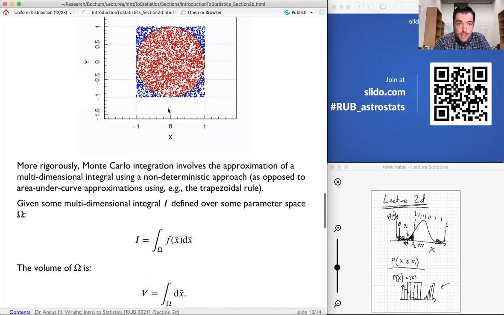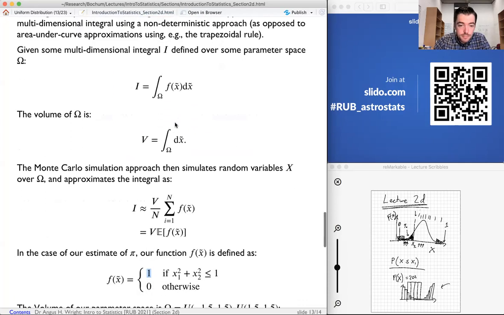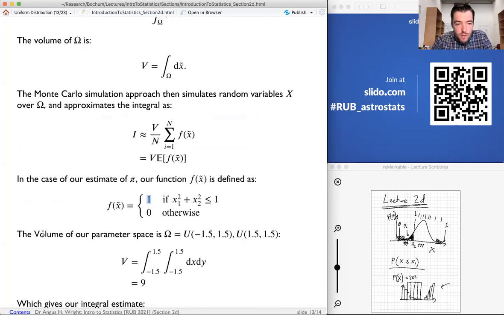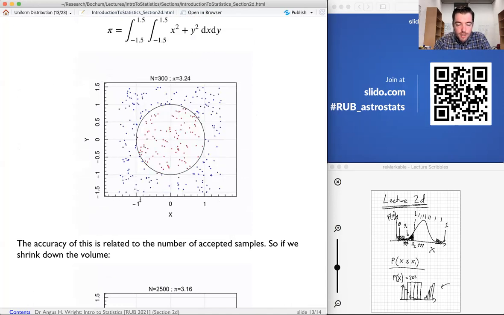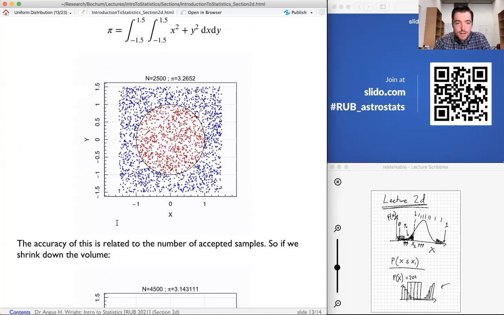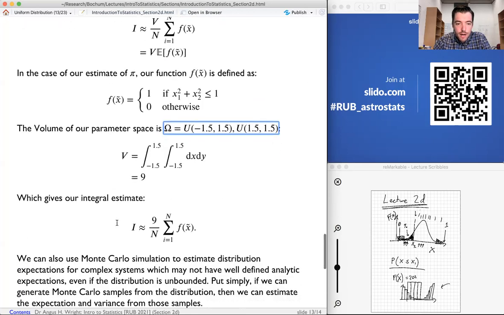So that is the red circle: the red points are 1 and the blue points are 0. And the volume of our parameter space in our minus 1.5 to 1.5 case is 9, right? Because that's 3 units on a side, so you end up with a volume of 9.